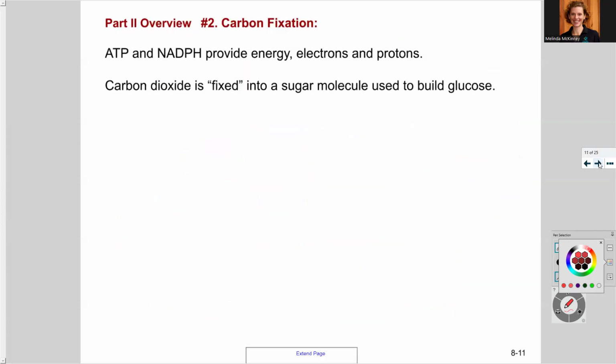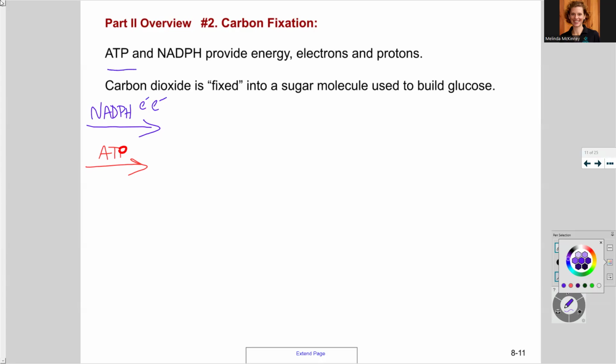Okay. The second part, so we're coming in with ATP. So we made the ATP in the first part. We also made the electron carriers in the first part, in the light-dependent reactions. Okay? So we're coming in with high energy electrons, and we're coming in with energy that we can use to make sugar, right?